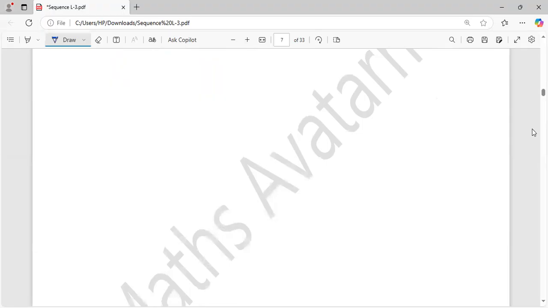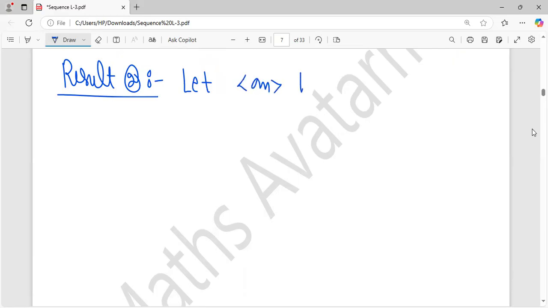Okay, so now this is done. Result 2. Let a_n be a bounded above sequence.